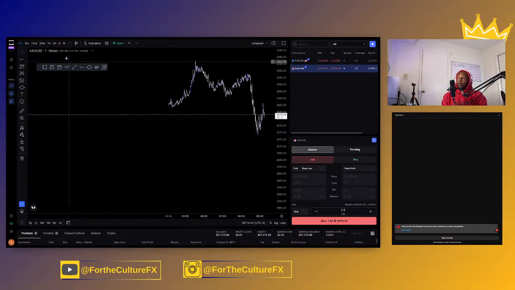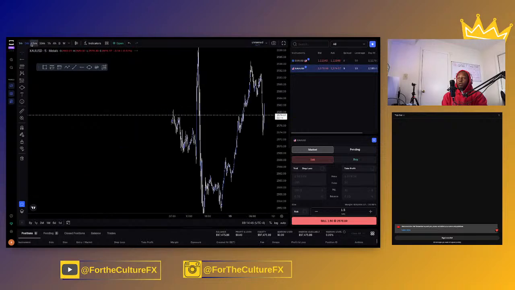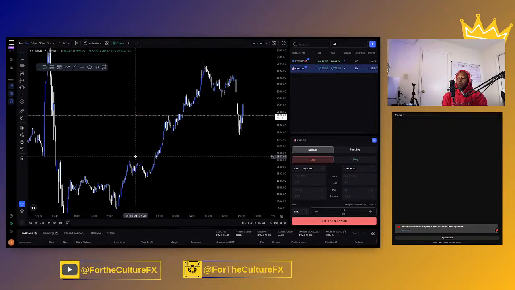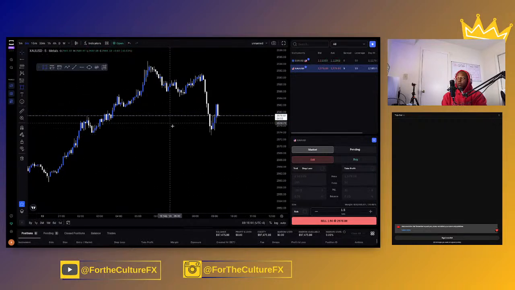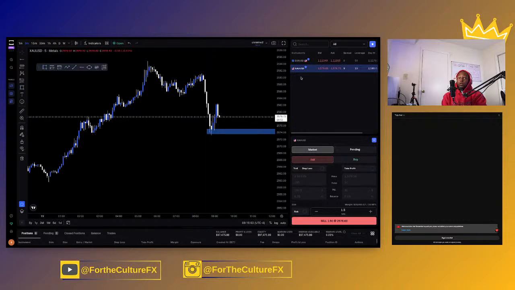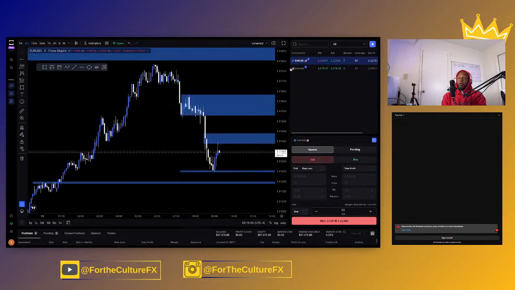So if we take a look at what we see happening on gold on, let's say, the 5-minute time frame here, price came down, created lower lows and lower highs, pushed back up, and it could start to begin to see that bearish move to the downside from where we're at currently, for price to now come back through and break through these lows. See how that 5-minute candle closed.